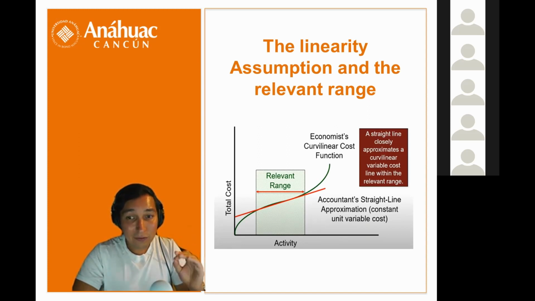So that's the accountants' straight-line approximation. A straight line closely approximates the curvilinear cost line within that relevant range. So anytime we talk about our fixed cost, it has to be within the relevant range. If we exceed that relevant range, then it's not valid anymore.